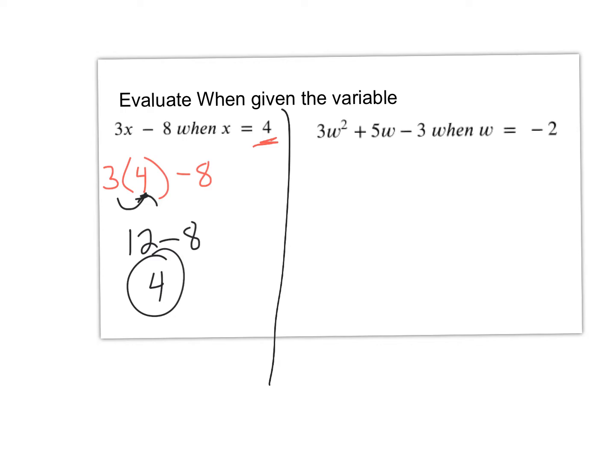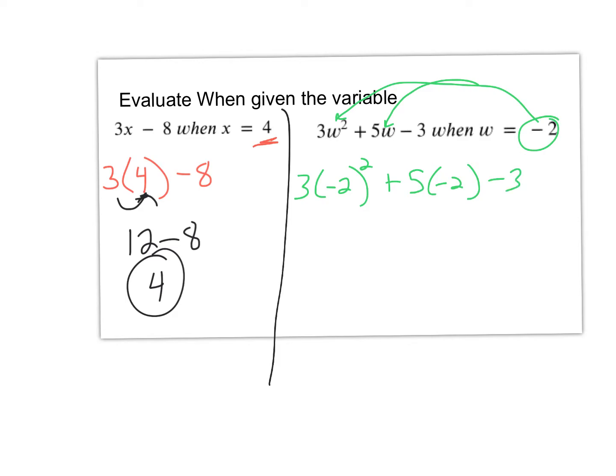This next one is a little trickier. We have 3w squared plus 5w minus 3, where w equals negative 2. So everywhere I see w in that expression, we have to put negative 2 in. So 3 times negative 2 squared plus 5 times negative 2 minus 3.